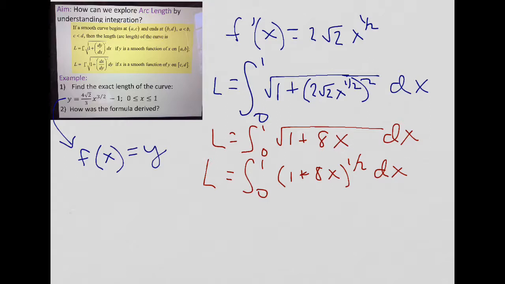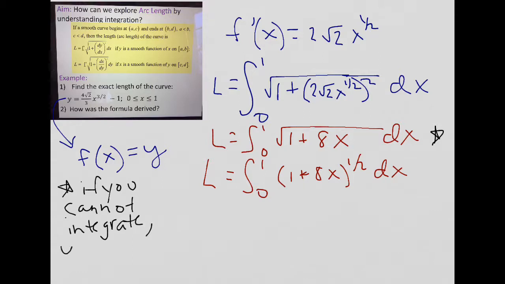So I would say that at this particular place, if you cannot integrate, use the graphing calculator. That's why we went over it, and there's been other problems where it popped up that we need that graphing calculator to evaluate our definite integral. Okay, so let's get back to our problem, because we didn't need the graphing calculator here, but we do need to finish this.